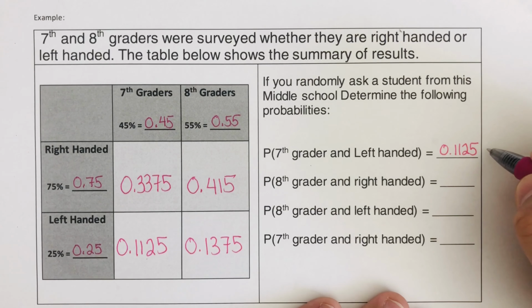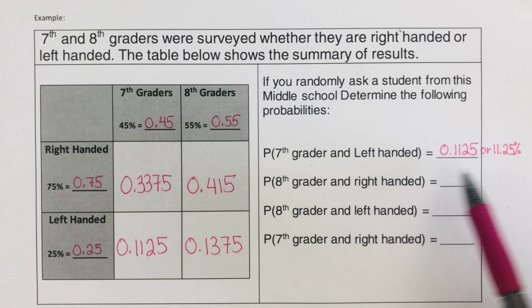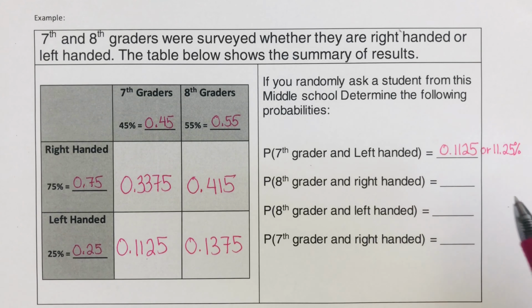This proportion can be changed into a percentage, which is actually 11.25%. So if you go around and ask in this middle school right here, you get 11% of students are actually 7th grader and at the same time left-handed. So that's what these numbers mean.